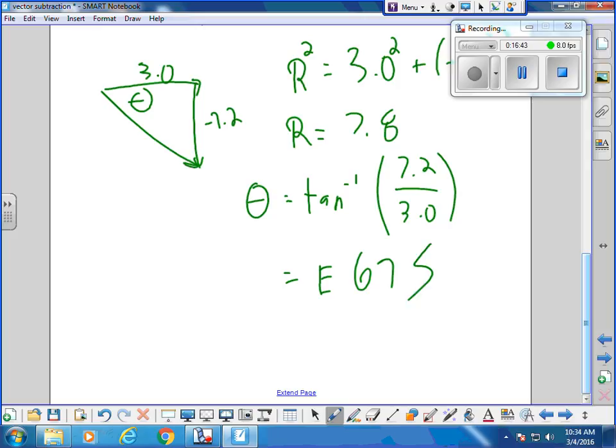Don't you wish I had shown you components in grade 11? Most kids say that. And I say, well, too bad. So that's the answer: 7.8 at east 67 south.